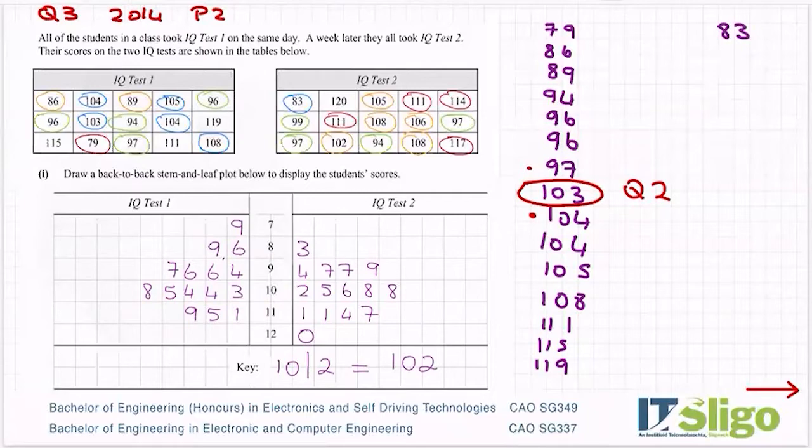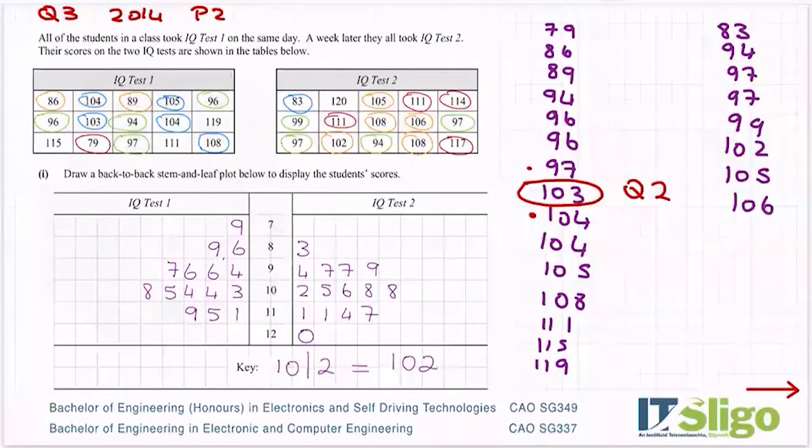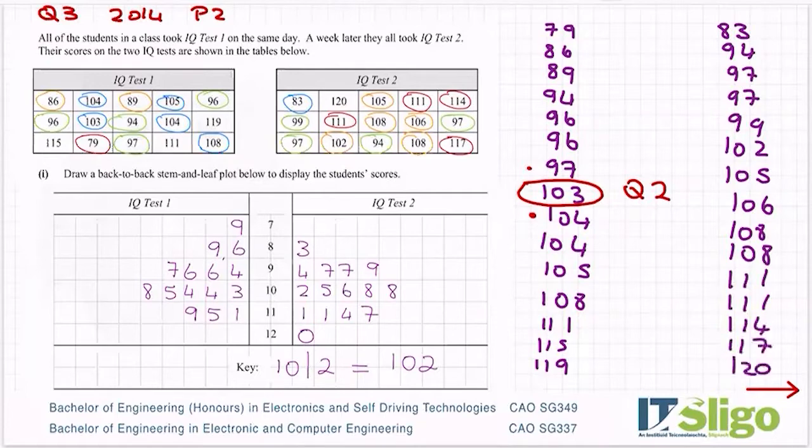So 83, 94, 97, 97, 99, 102, 105, 106, 108, 108, 111, 111, 114, 117, and 120. So you can see it doesn't take long once you get used to it, reading off it.